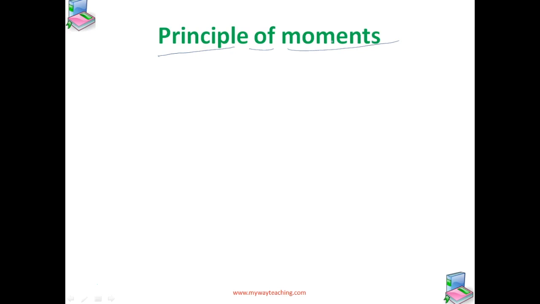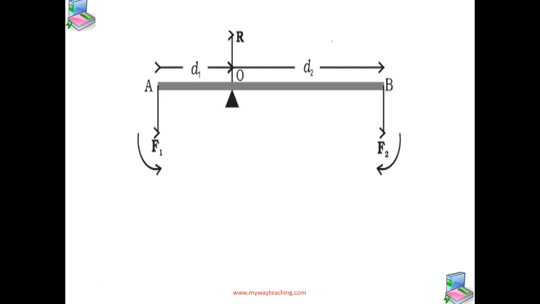An ideal lever is essentially a light rod which is pivoted at a point along its length. That point is called the fulcrum.